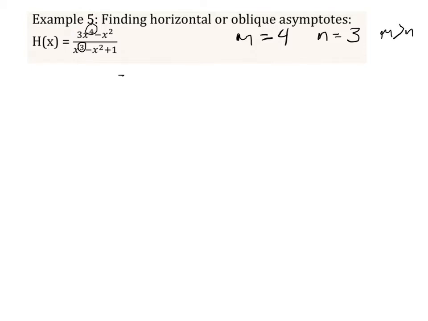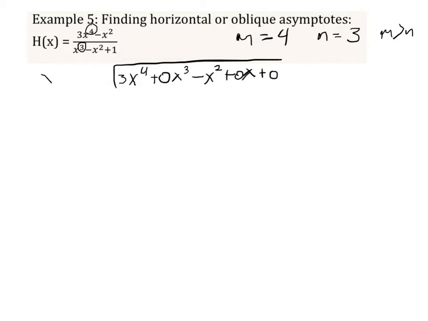We're going to take 3x to the 4th plus 0x cubed minus x squared plus 0x plus 0. I'm just putting in these 0x's as placeholders so that I make sure that I get the complete division. Got to do the same thing for my function in the denominator here, x cubed minus x squared plus 0x plus 1.